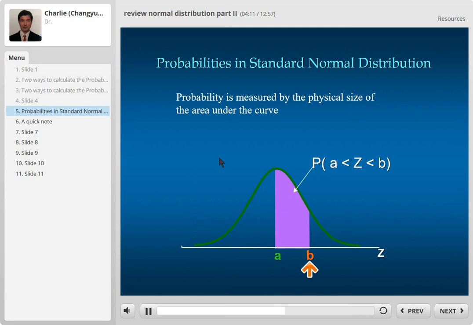That's two different values. And the probability of Z bigger than A, smaller than B is always the physical size of the highlighted area. So here's how we understand probabilities: the probability is the physical size of the area between A and B.